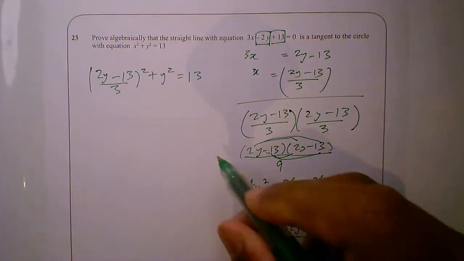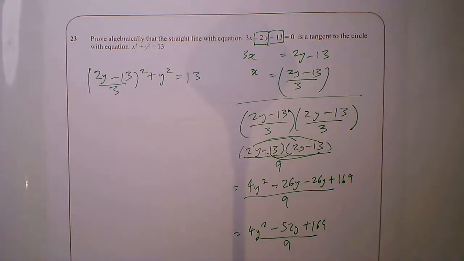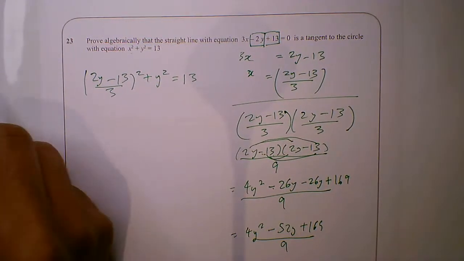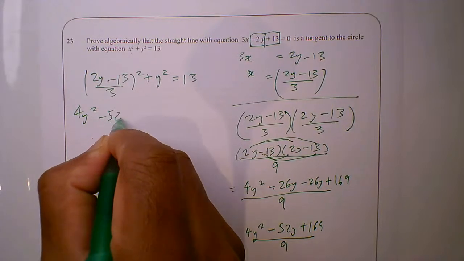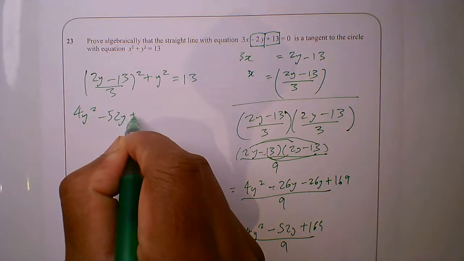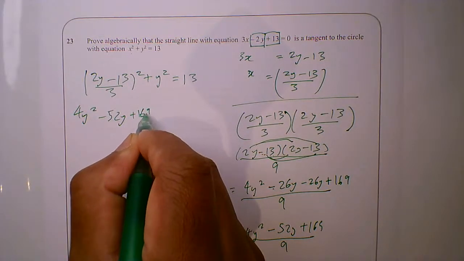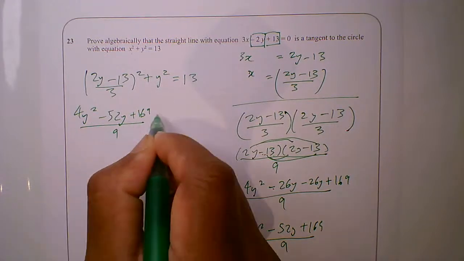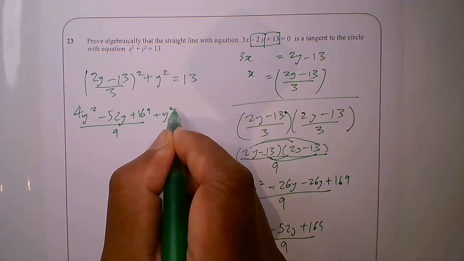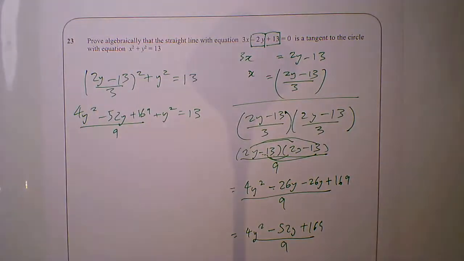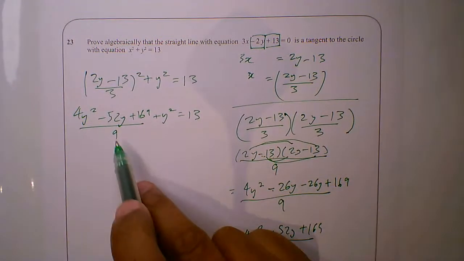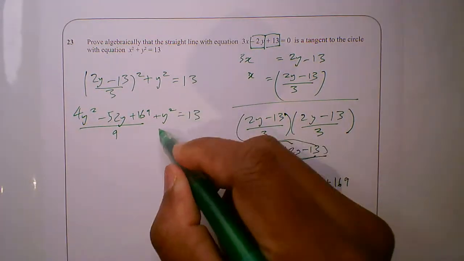All of that goes into here. So this becomes 4y squared minus 52y plus 169 all over 9 plus y squared equals 13. What I want to do next is remove the 9, so I multiply everything by 9.